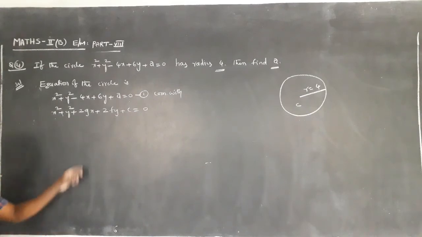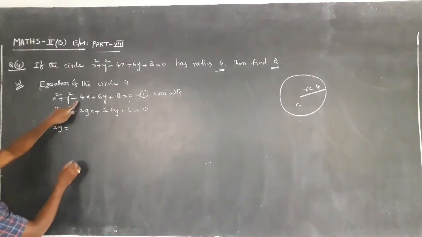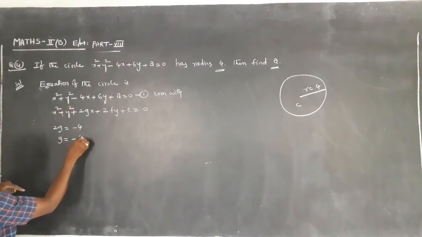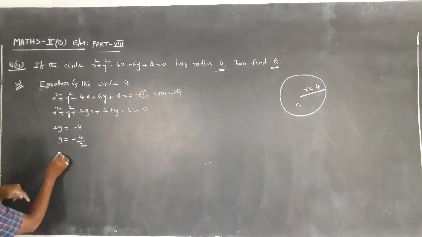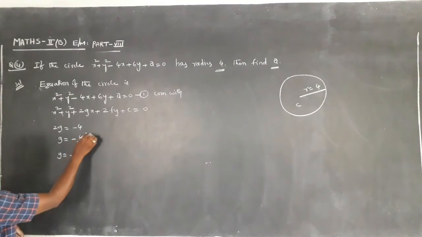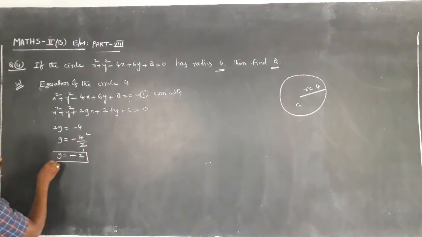Comparing the x coefficient, 2g is equal to minus 4, g is equal to minus 4 by 2, so g is equal to minus 2.